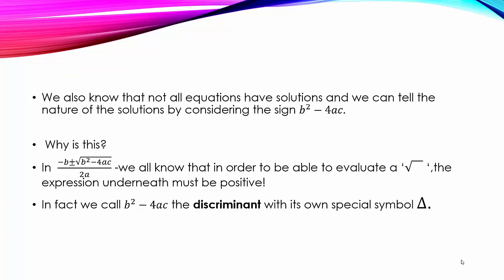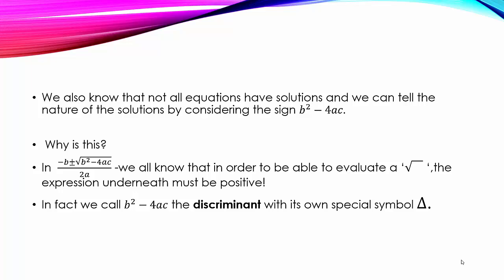we know that not all equations have solutions because sometimes when we try and use the quadratic formula, we get a negative number under that square root sign. And in order to be able to evaluate a square root, the expression underneath has to be positive.